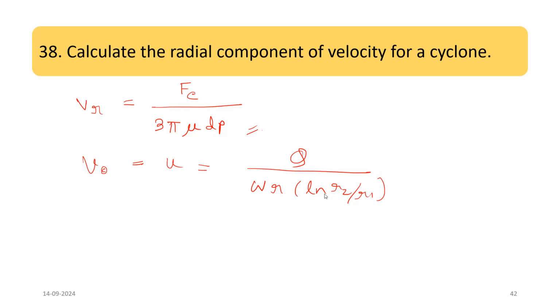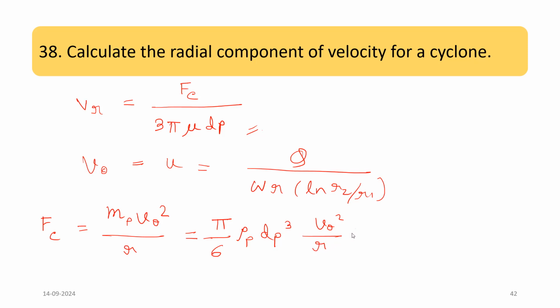Okay. Now, what is Fc? Centrifugal force can also be defined as mp v theta square by r, where mp is the mass of the particle and v theta is the rotational velocity. The mass of the particle is density multiplied by volume, that is pi by 6 rho p dp cube.